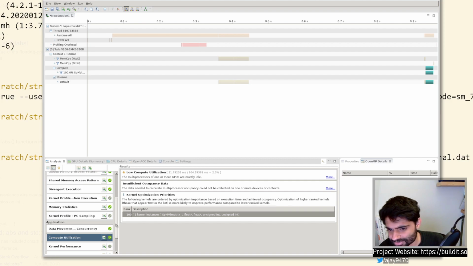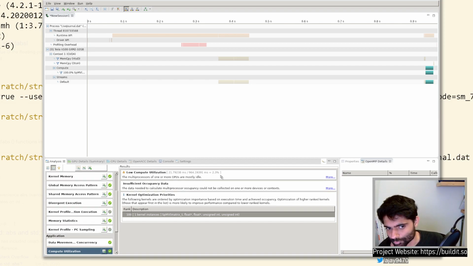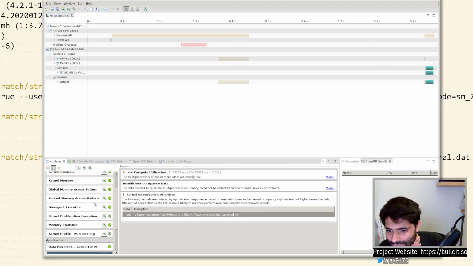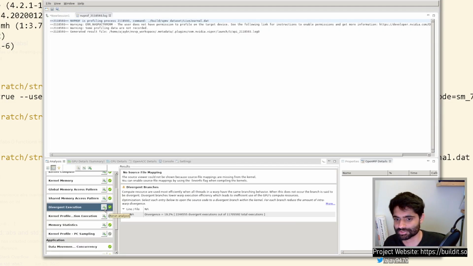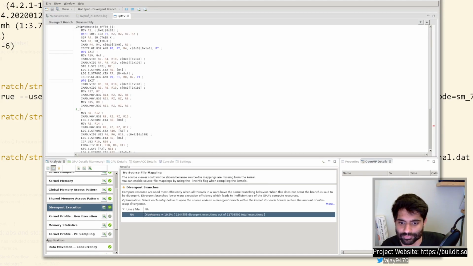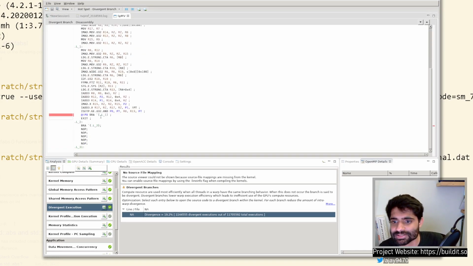Yeah, it still says that most of the GPU was idle. So 2.3% utilization is what we have. And if you look at divergent executions, we can see where the execution diverges and why it has to sit idle. So we have 19.2% divergence, and all that divergence is happening in this loop.